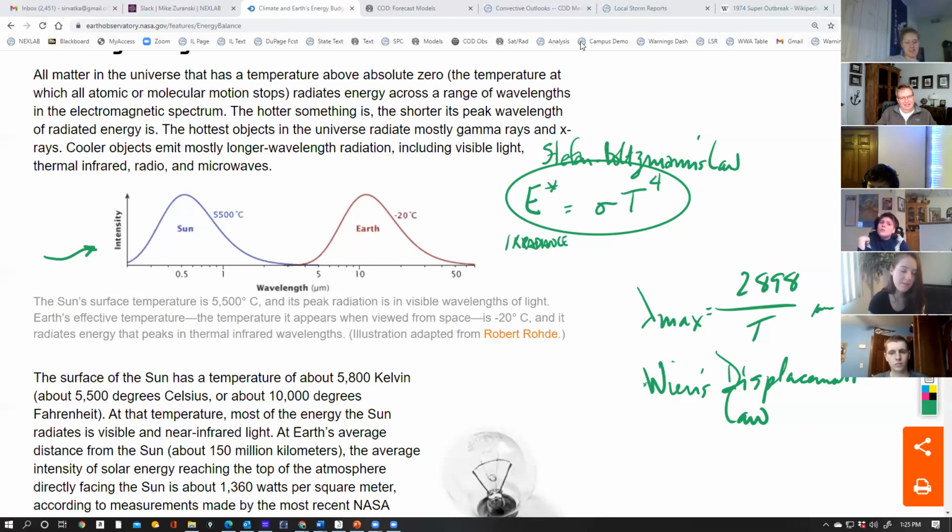So what you said is energy flow is directly proportional to the absolute temperature to the fourth power. Okay, now it's not just the energy flow, isn't it the amount of energy flow?